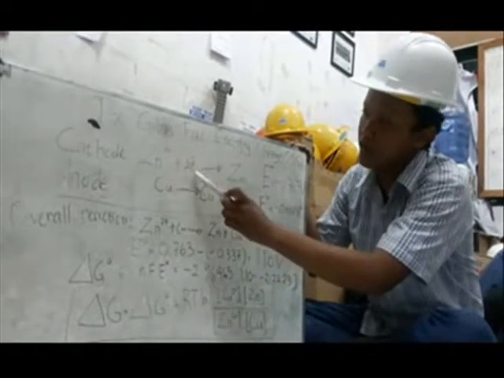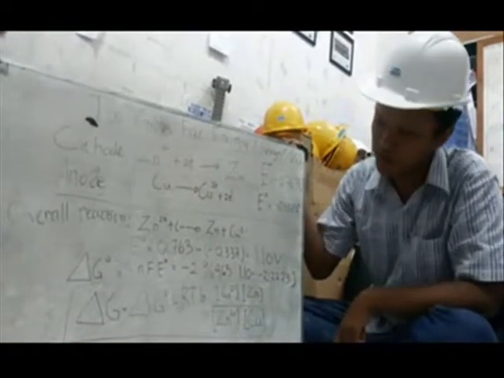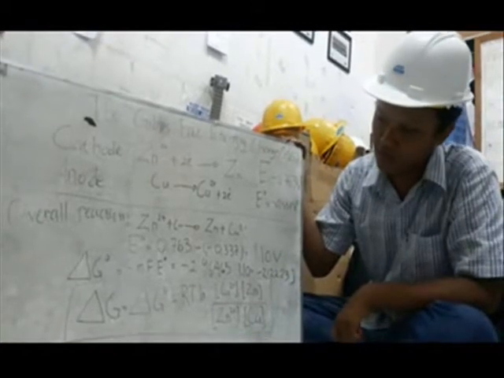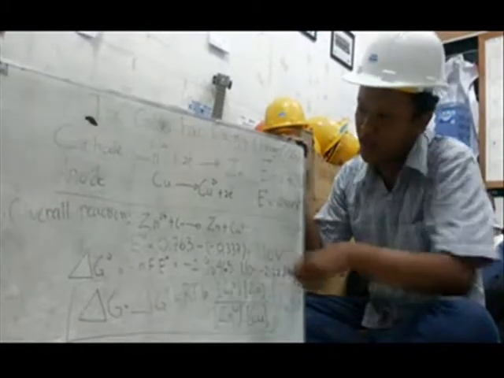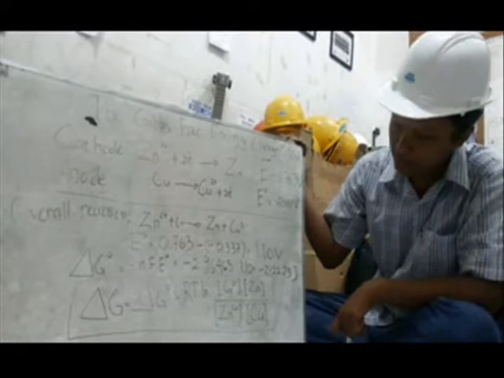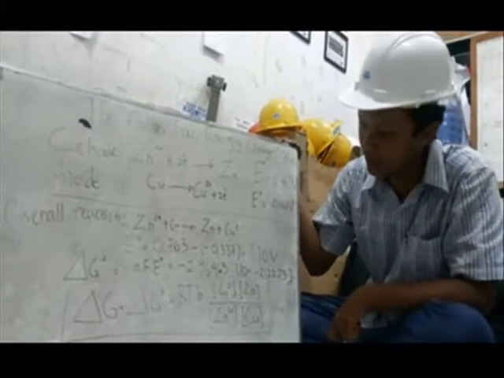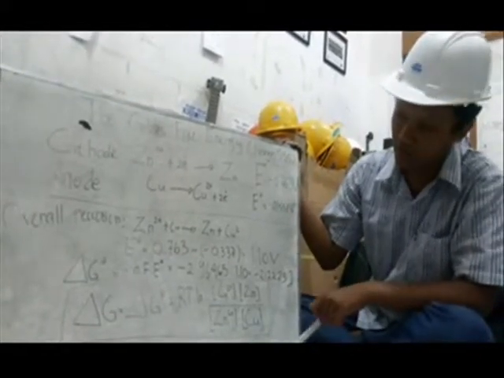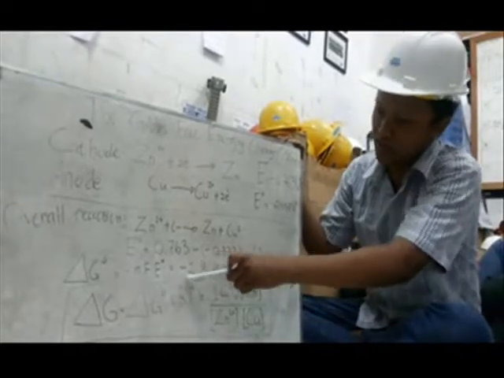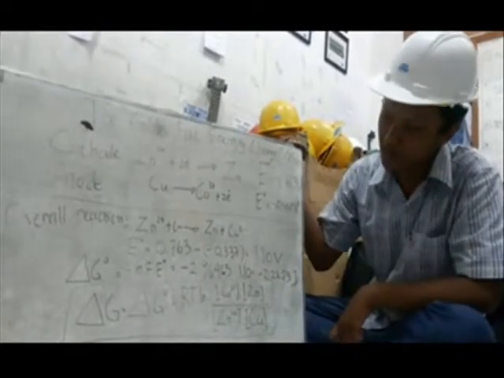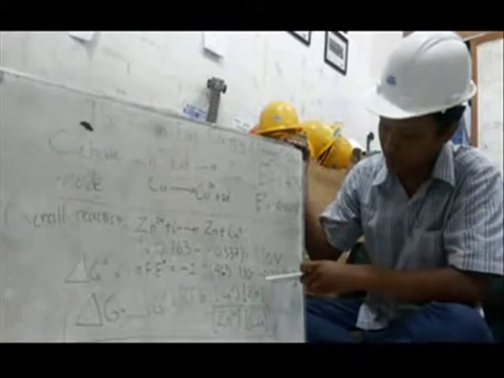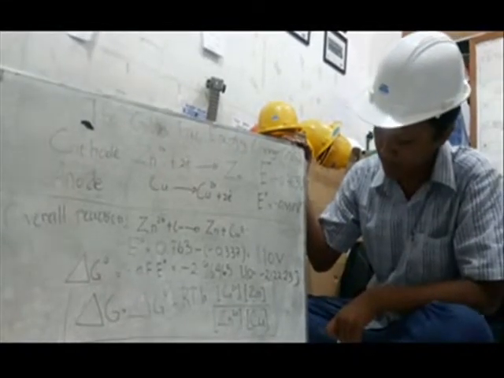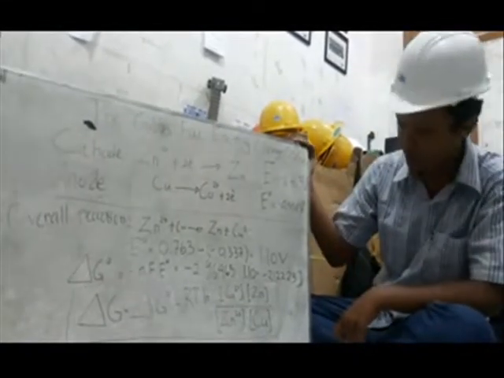In this case, the Daniell cell, there are 2 electrons. This is the Faraday number, 96565. We just multiply the numbers, and the result is minus 21223 joule.